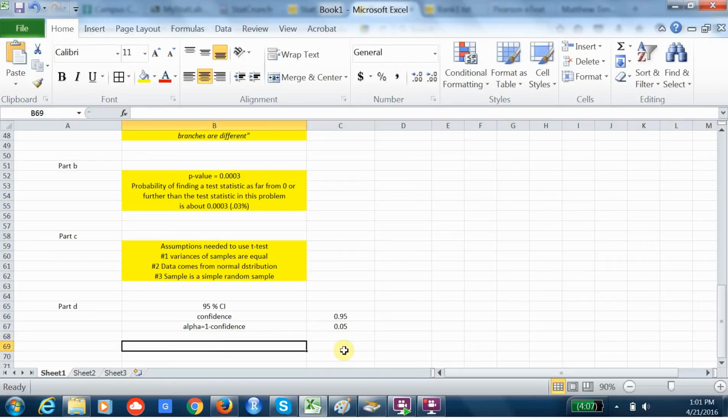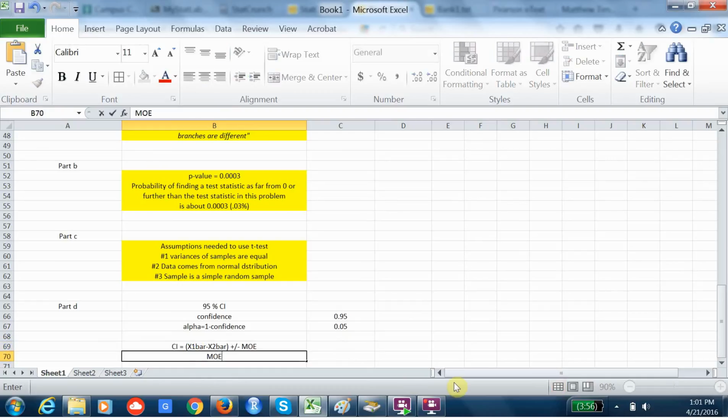So we know that the confidence interval is equal to x1 bar minus x2 bar, plus or minus the margin of error. And the margin of error, we recall, is equal to the critical value times the standard deviation of x1 bar minus x2 bar.